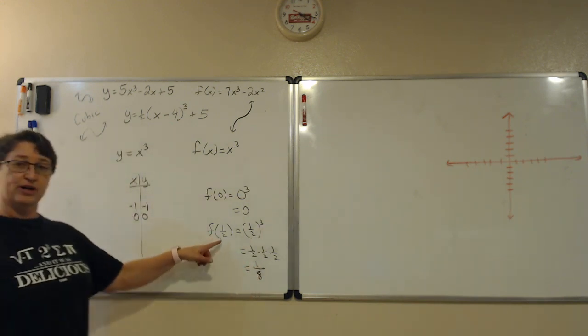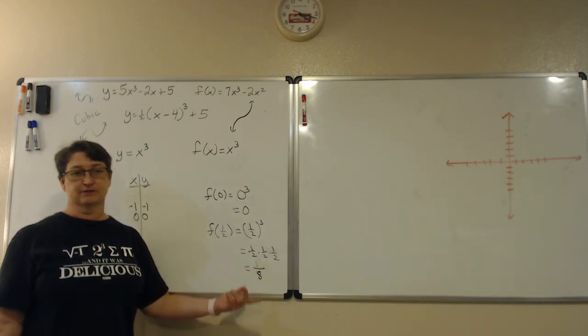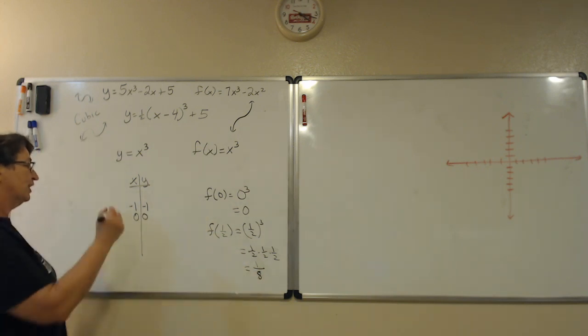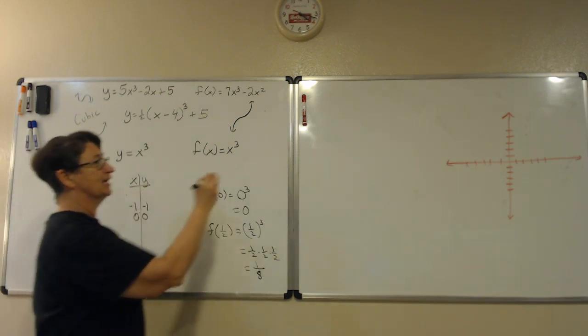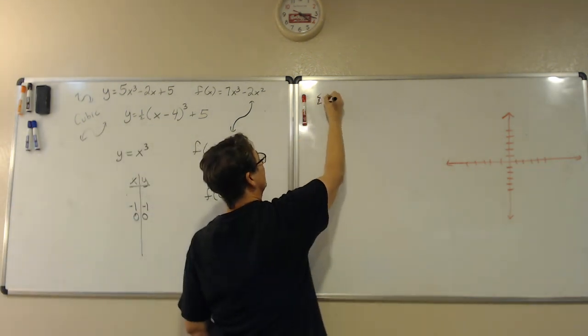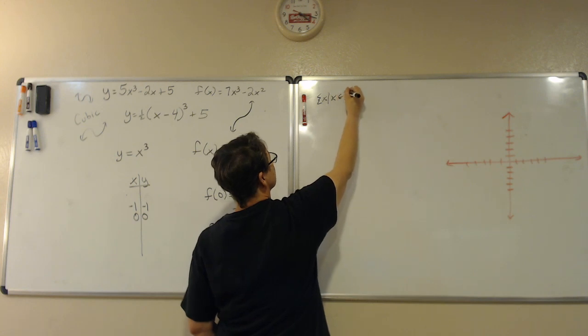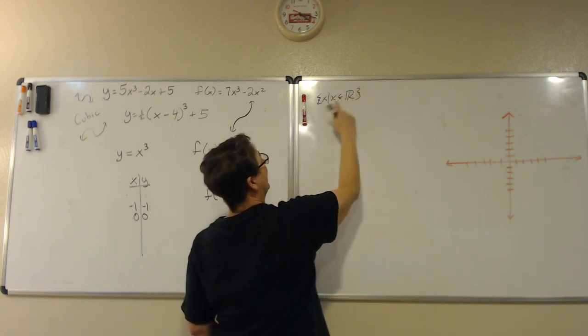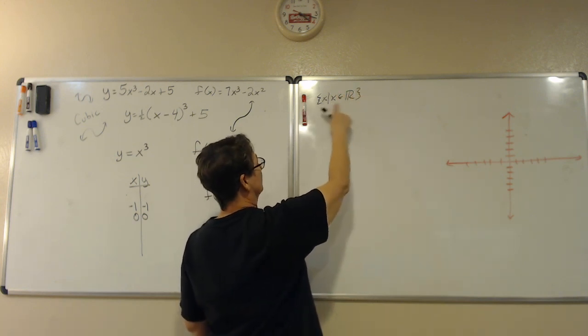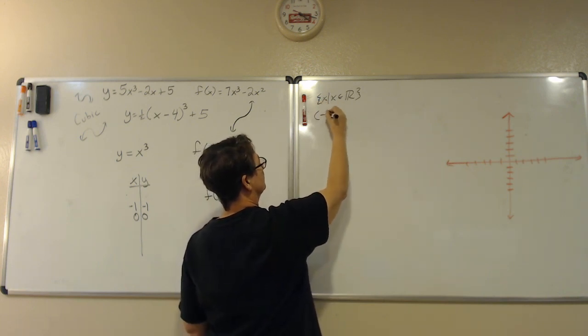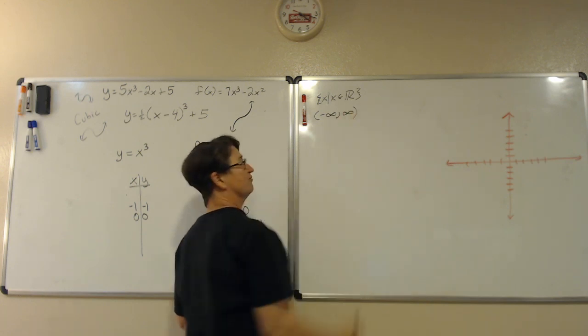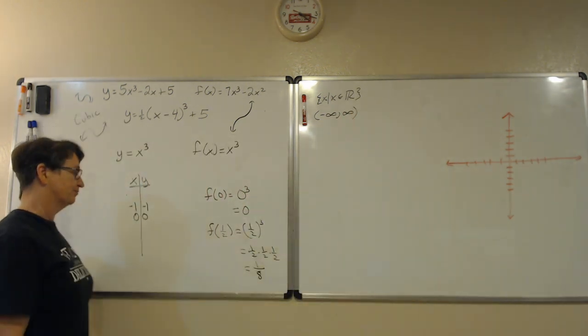So there should be a point on this function at (1/2, 1/8). All right, so we can put in anything. So our domain, again, is all real numbers. X can be any element of the real numbers, anywhere from -infinity to infinity. So that's the domain of this thing.